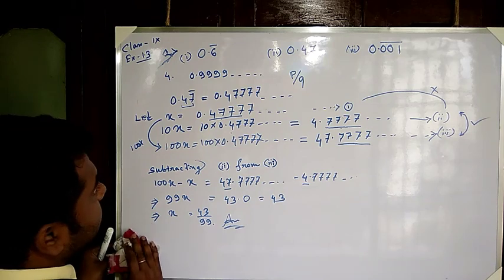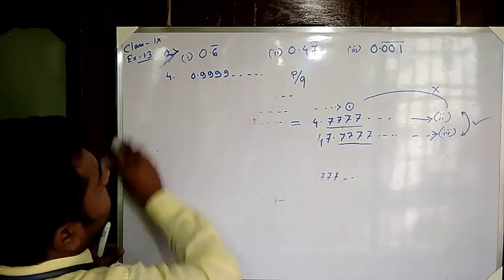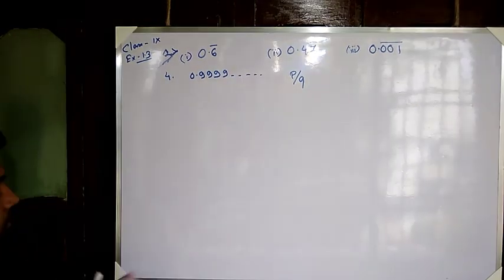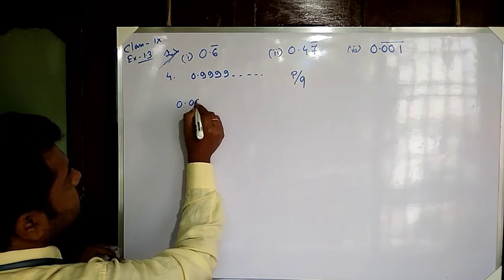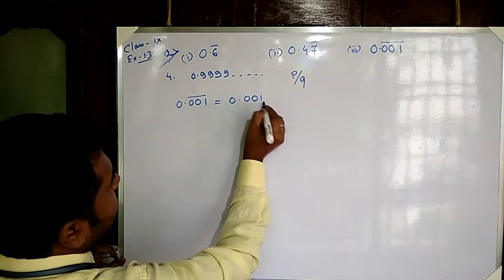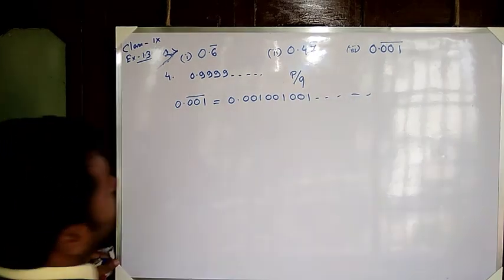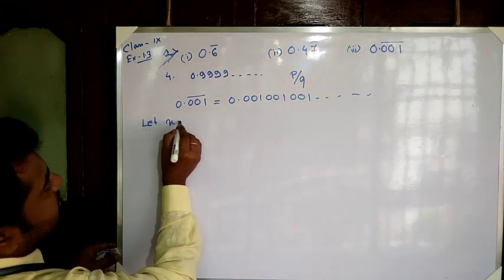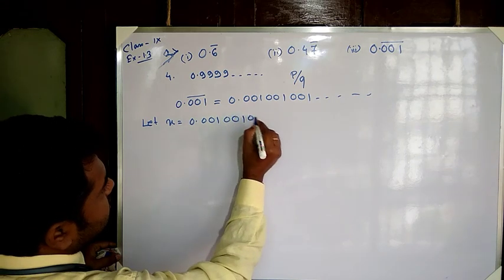Now you see question number 3, Roman 3. What is the question there? 0.001. It means 0.001, 001, 001. This group is repeating here. So write, let x equals 0.001, 001, 001.